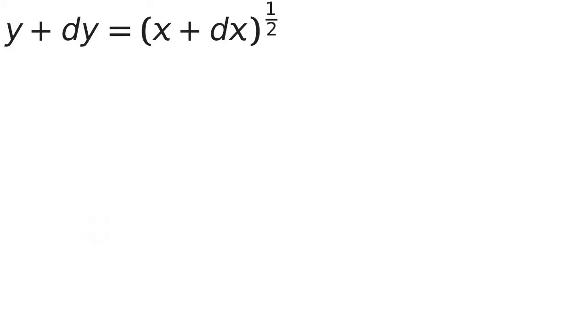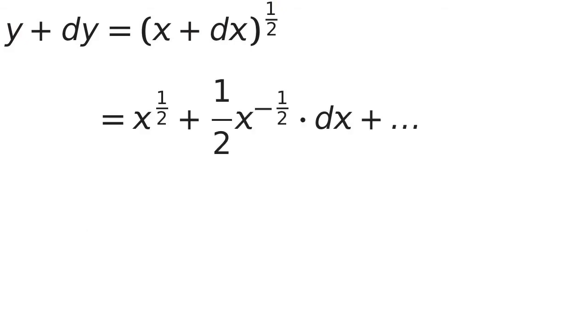Okay, now let's try this for a fractional power. So we're going to do x to the power of a half. Nudge up x by an amount dx, expand it as much as we need to, because everything to the right of the 1/2 of dx over the square root of x has got increasing amounts of smallness, if that makes sense.